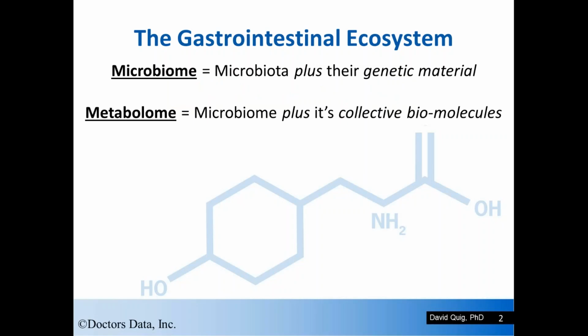Just to get us all on the same wavelength, the microbiome is composed of the microbiota, all the microbes, plus their genetic material. Whereas the metabolome, which is of much greater interest to me as a biochemist, includes the microbiome plus its collective biomolecules or its metabolic products.